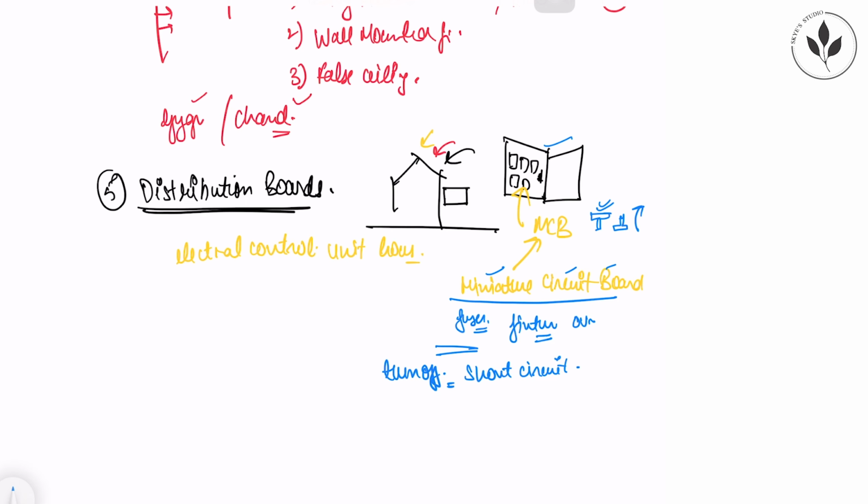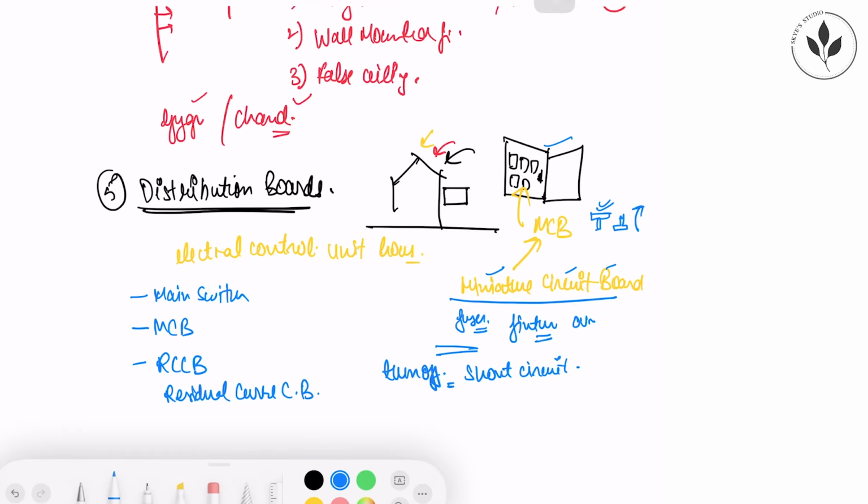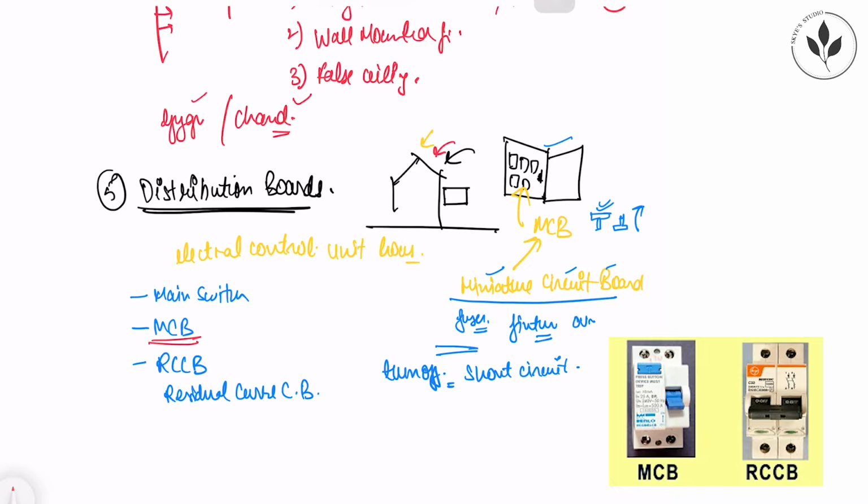And yeah, so your distribution board has your main switch, your MCB, and there is one unit called RCCB. It is a residual current circuit breaker. Now what is the MCB doing? The MCB is protecting us from overload and short circuit.